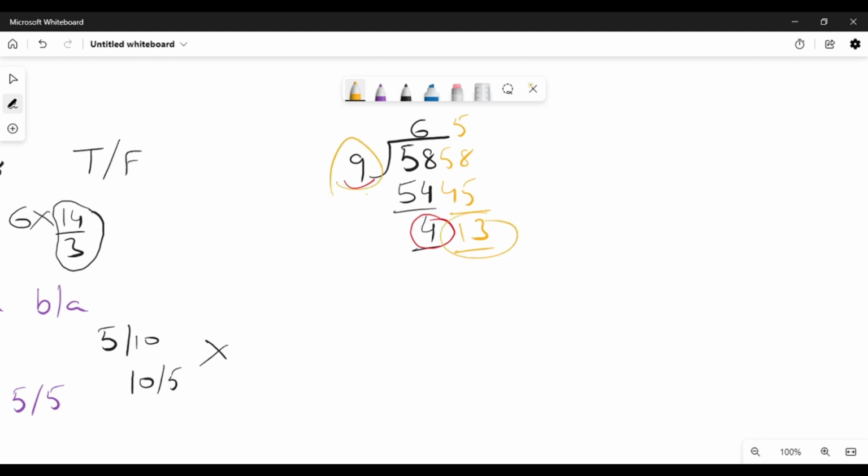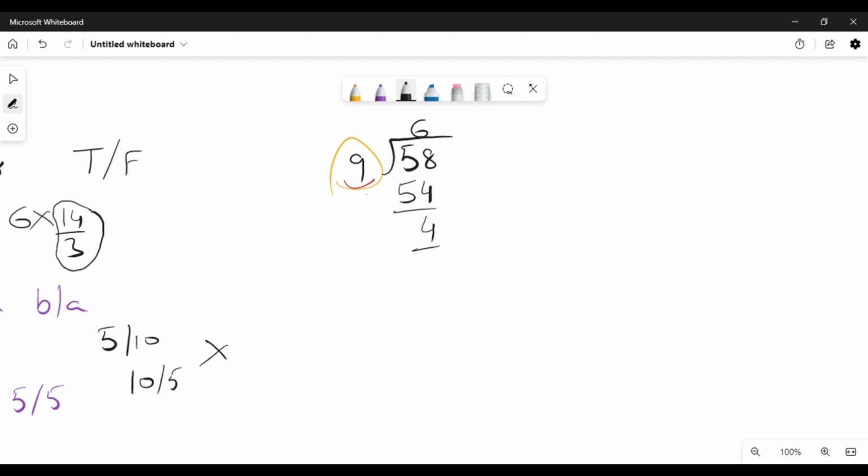That's why I have not multiplied 9 with 5 and written 45 here. I have written 9 sixes are 54, and I have taken 4 as remainder.